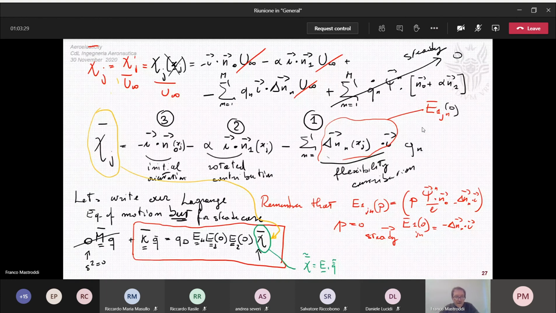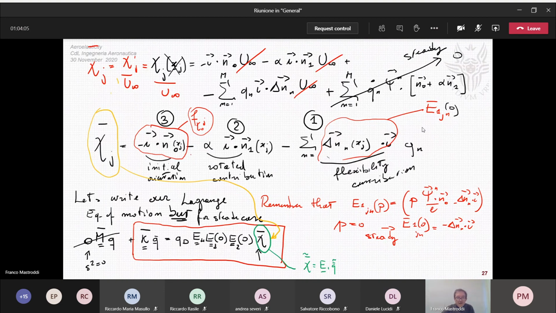We may define this vector, in red color, as the vector fk with component fk0, representing the steady contribution to the normal given by the initial condition in the J panel, and including the minus sign.